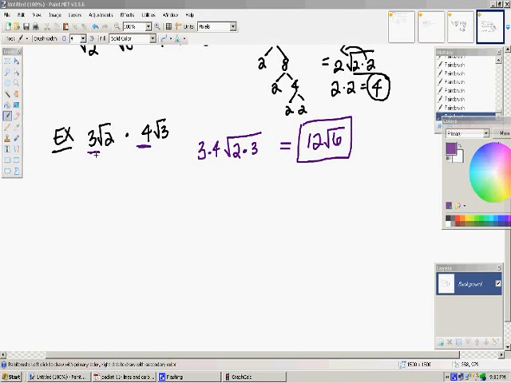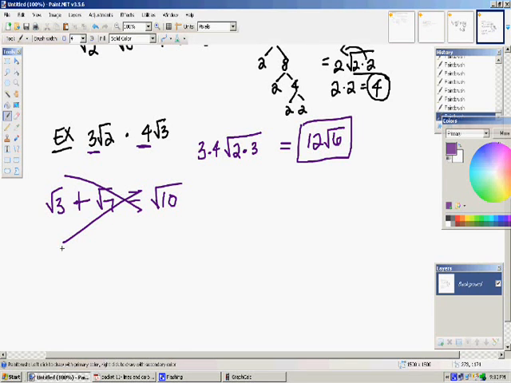One word of advice, these rules only apply to multiplying radicals. Some of you are probably going to try to do this. Square root of 3 plus square root of 7, and you're going to say, oh wait, doesn't that equal square root of 10? It does not. This is wrong, and you can never do this. Okay? Let me show you why.